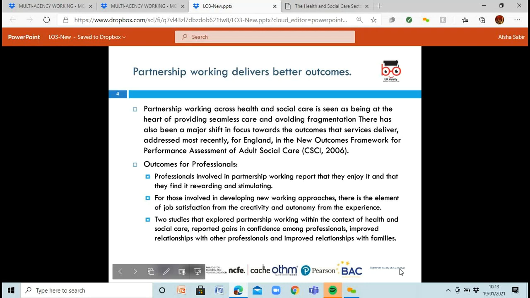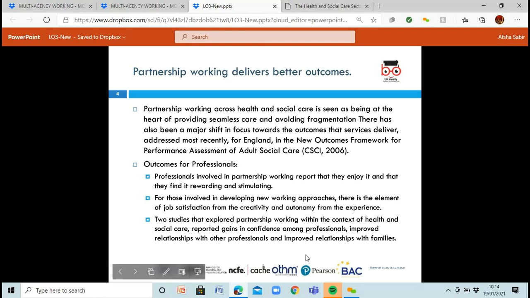For those involved in developing new working approaches, there is the element of job satisfaction from creativity and autonomy from the experience. And 2 studies that explored partnership working within the context of health and social care reported gains in confidence among professionals, improved relationships with other professionals, and improved relationships with families.